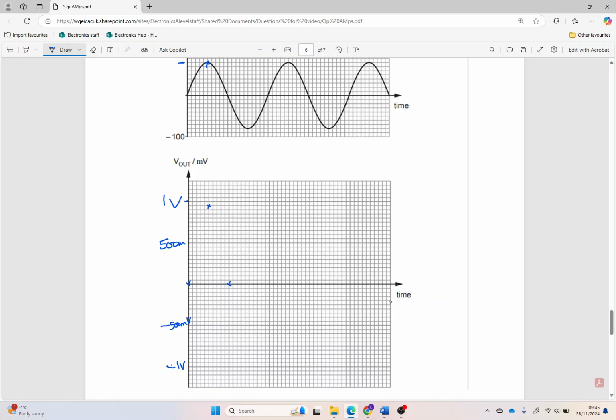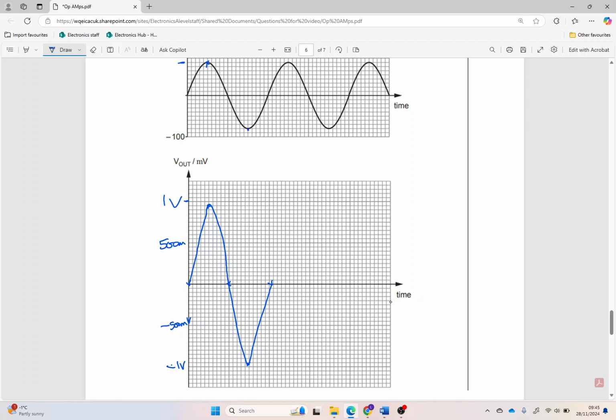At this point, we're at a peak here, which is also when I get my minus 950 millivolts out. 1, 2, 3, 4, 5. There's 950, 960, somewhere like that, and so on and so forth. So we can then just draw in what we've got here like so.